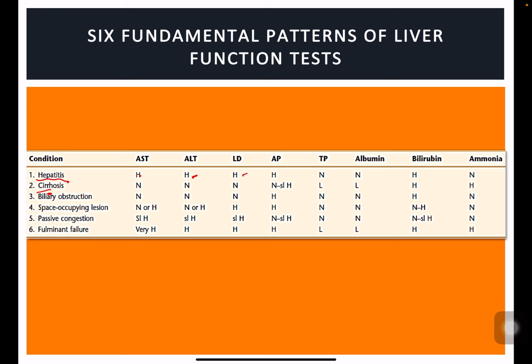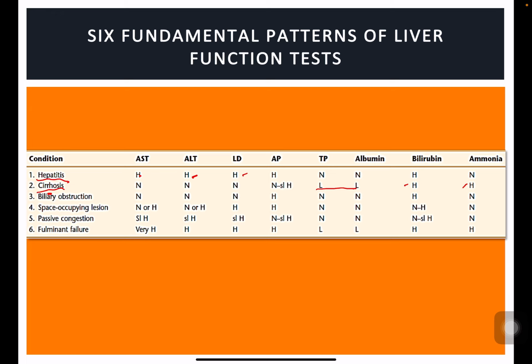In cirrhosis, it is the opposite of hepatitis. So there is decreased total protein and albumin, while your AST, ALT, lactate dehydrogenase could be normal, while your bilirubin and ammonia are increased.